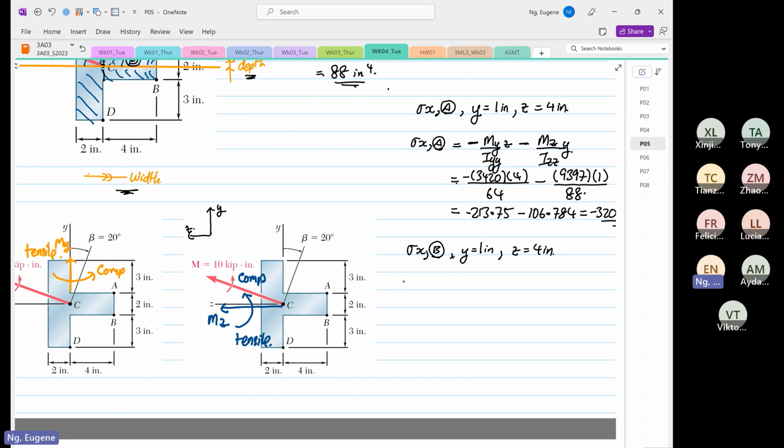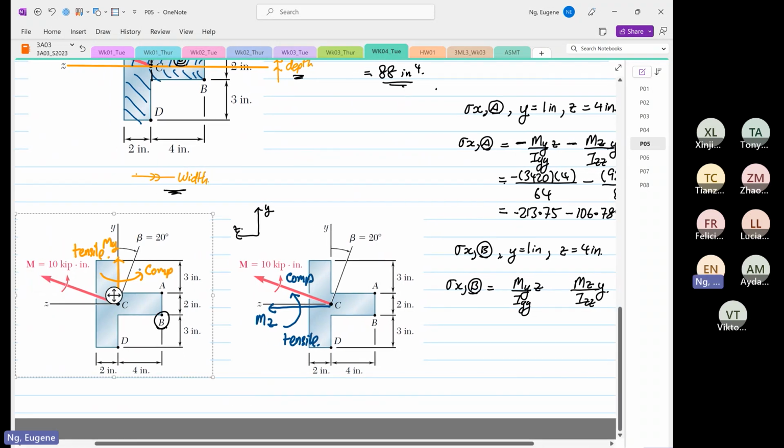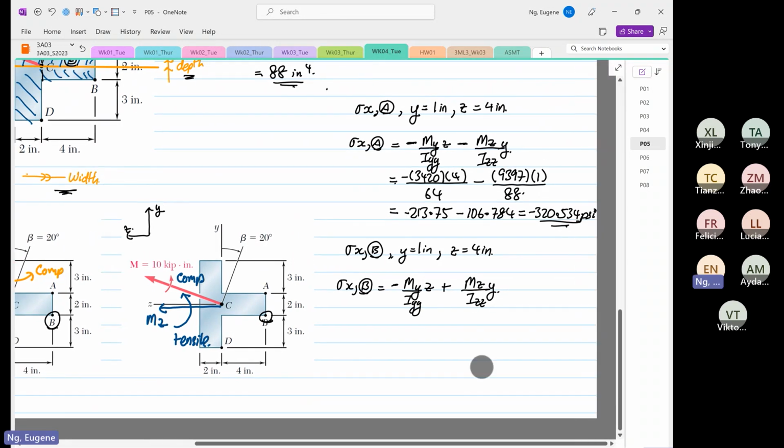Stress X at point B will be equal to My over Iyy multiplied by Z, and then you have Mz over Izz multiplied by Y. So at point B, moment about y is also compression, so minus. However, at point B, moment about z is positive, so the value changes.